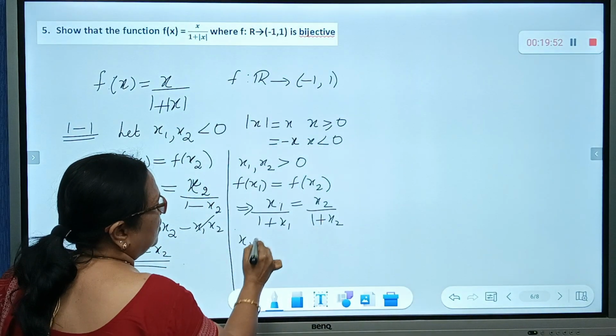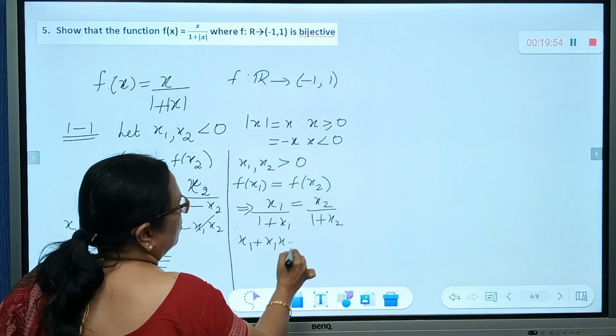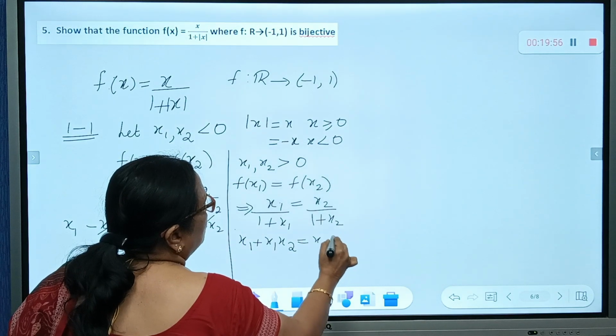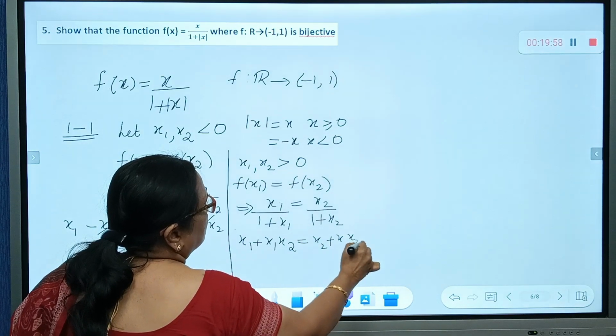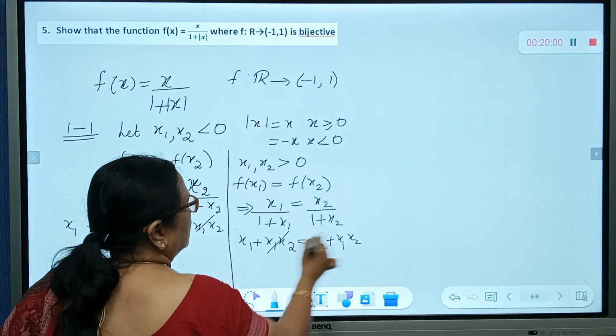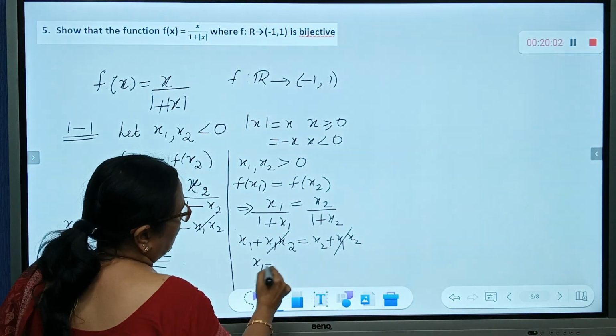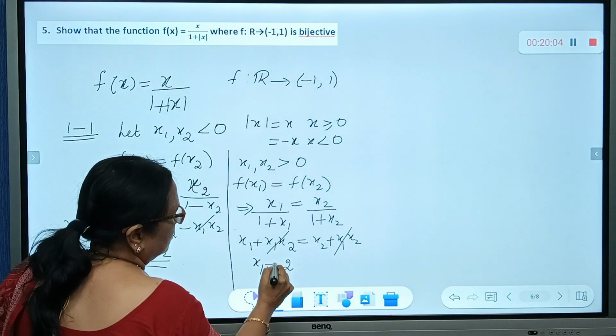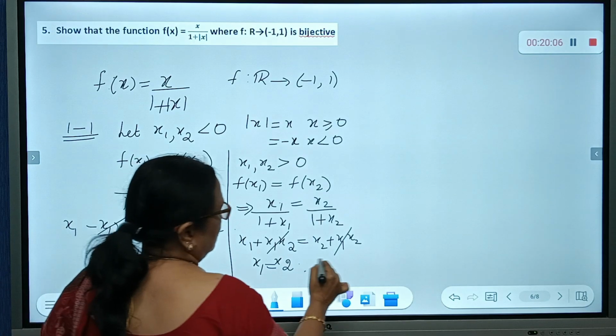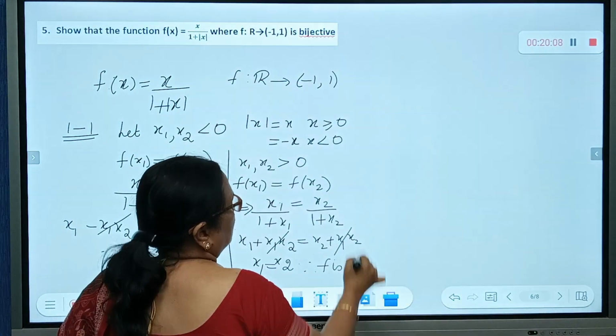So x1 plus x1 x2 is equal to x2 plus x1 x2 gives x1 equal to x2. Therefore, f is 1 to 1.